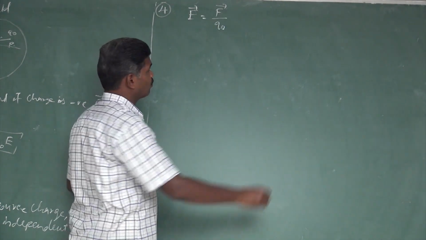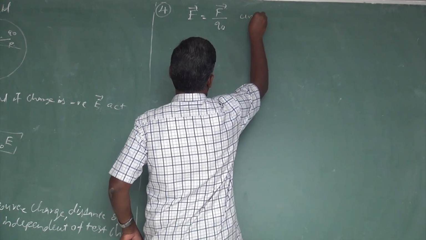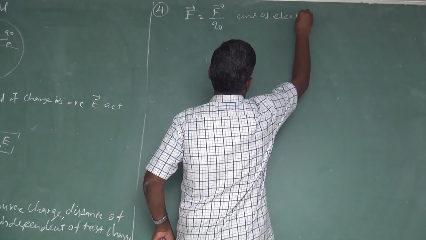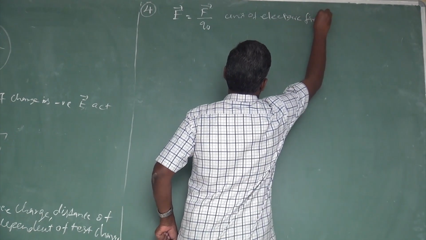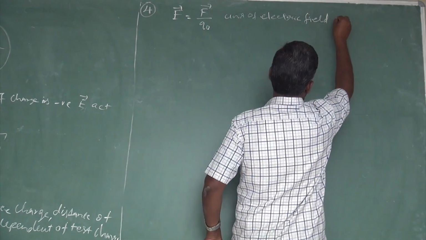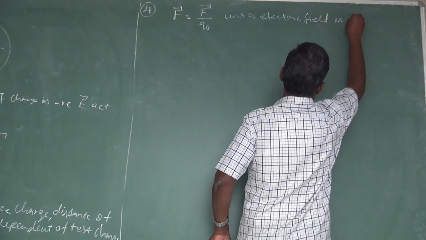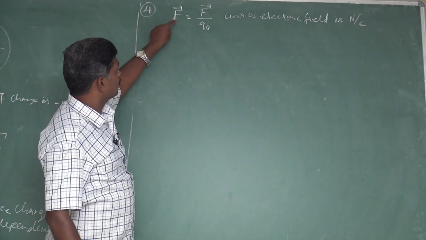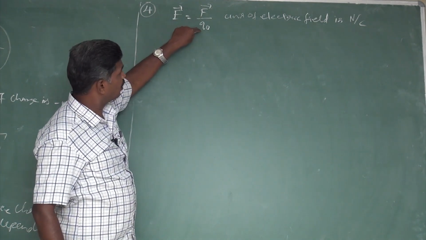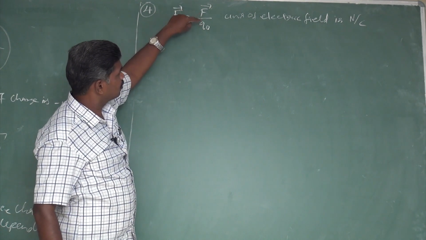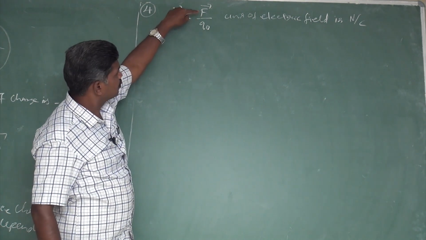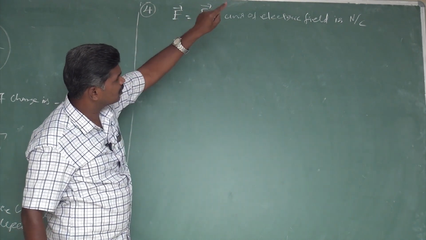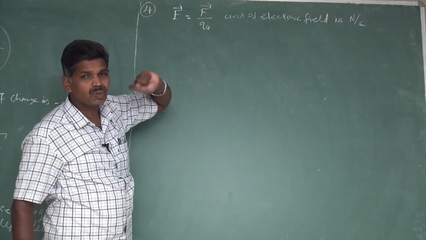From this, the unit of electric field is Newton per Coulomb, because F vector is the force and Q naught is the charge. Force unit is Newton and charge unit is Coulomb, that's why field intensity unit is taken as Newton per Coulomb.